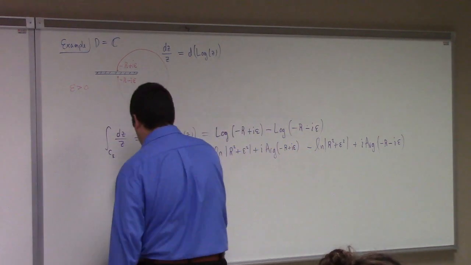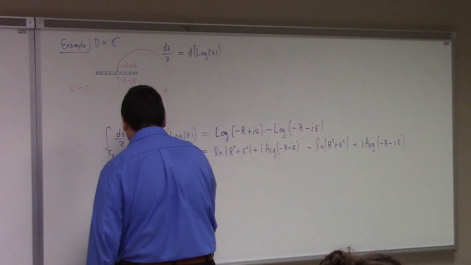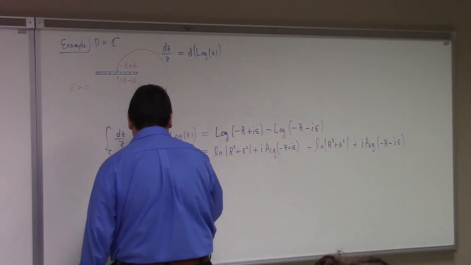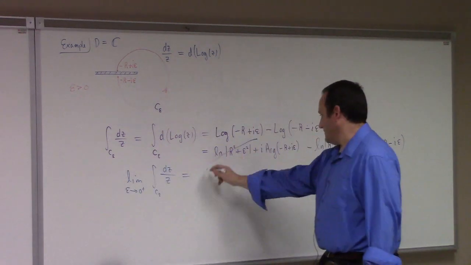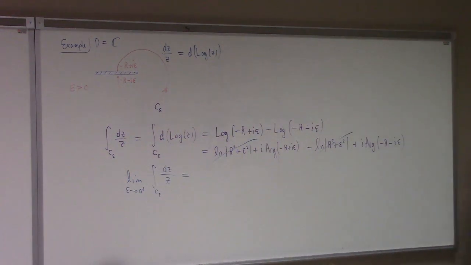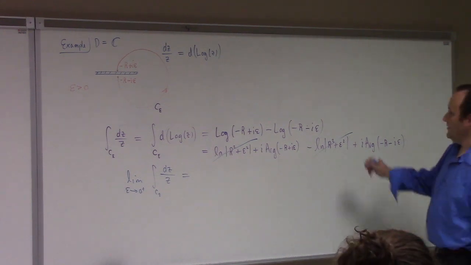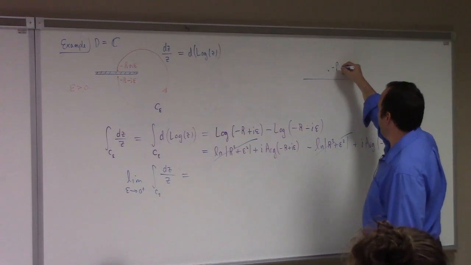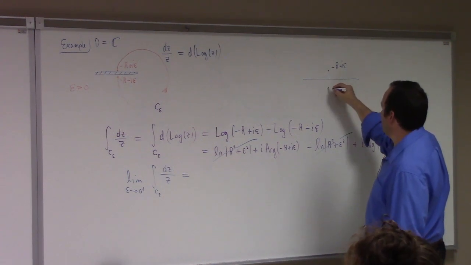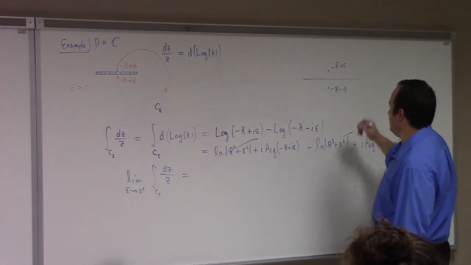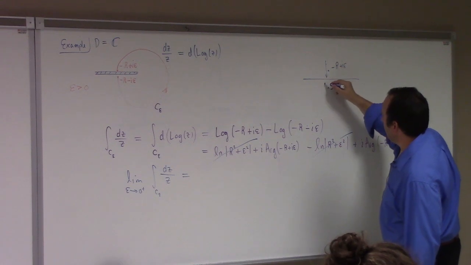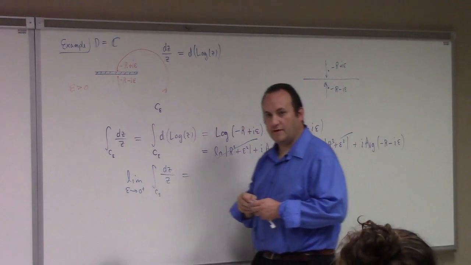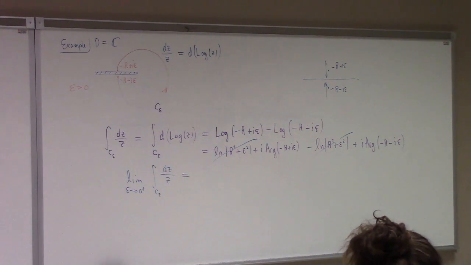Let me say this: the limit as epsilon goes to 0 from the right of the integral over C epsilon of dz over z should be equal to what? First of all, these logarithm terms cancel, right? No limit needed there. And how about the angles? You look at these points, you've got minus r plus i epsilon, and minus r minus i epsilon. What happens as epsilon goes to 0? What's the angle from the top? This is the principal argument.